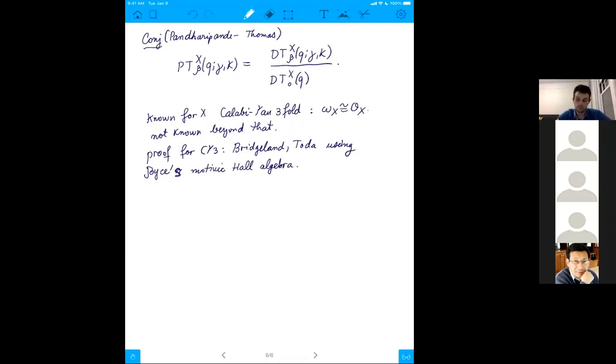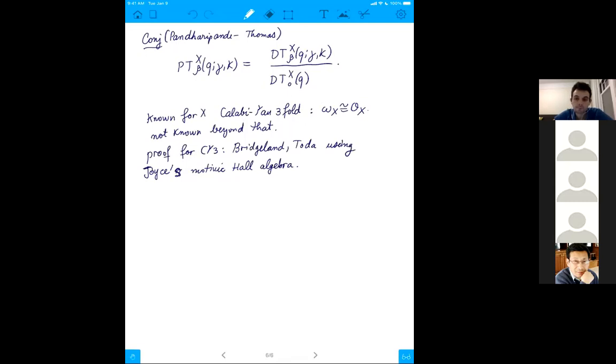Yeah, but I remember I spoke to Rahul many years ago. He told me that if you formally apply our wall-crossing formulas just without justifying them, then it will give you the proof of the conjecture. So basically, if you know for some reason that the wall-crossing formula which we established with Maxim holds, it is just automatic.